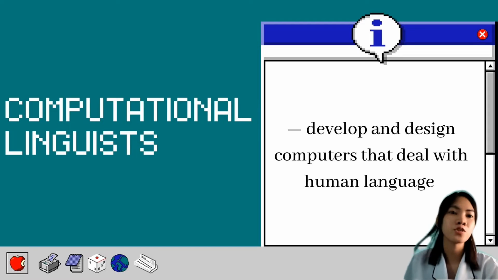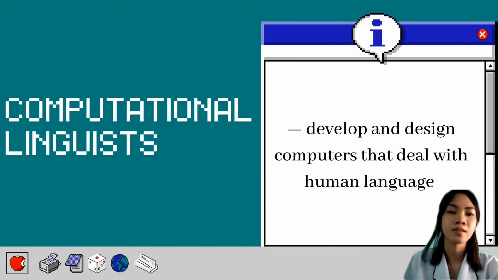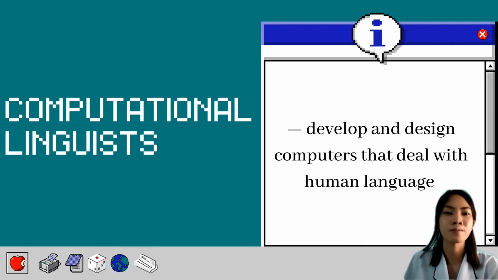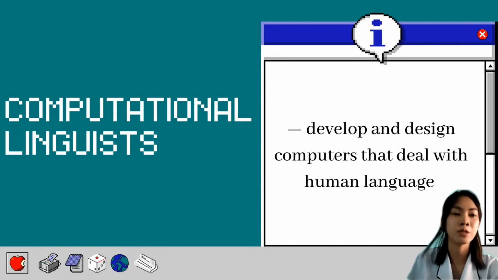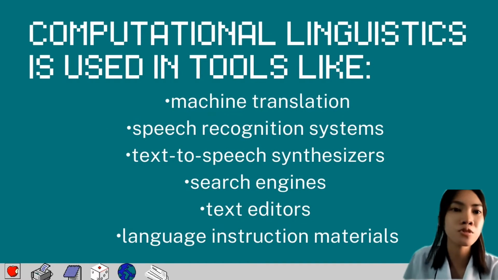So computational linguists develop and design computers that deal with human language. So here we're going to find out what are these developed and designed apps or software and programs that were designed by computational linguists in order for computers to deal with our language, such as these tools.